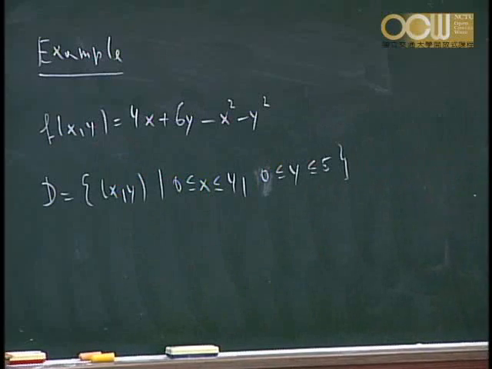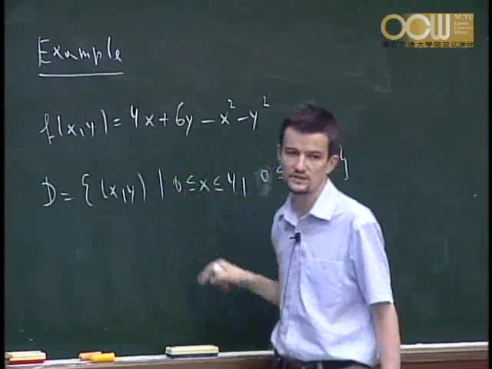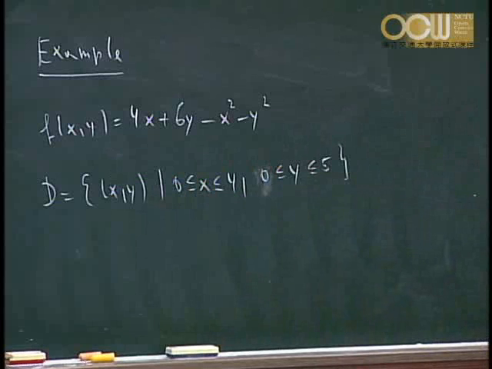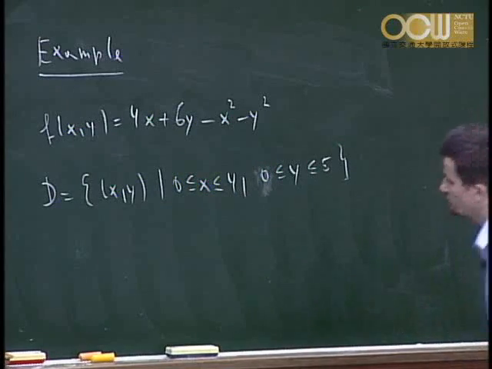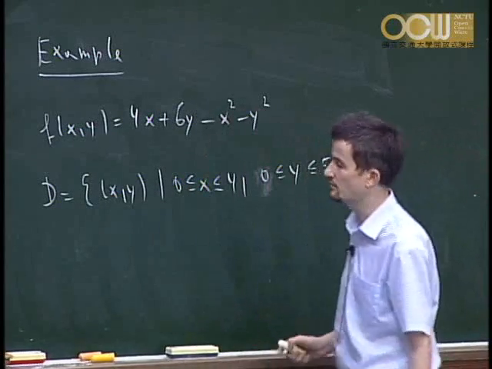Now, since the function is obviously continuous on D, we know that absolute maximum and absolute minimum must exist. The first step is we compute the critical numbers.